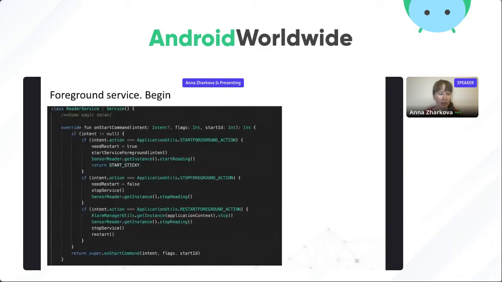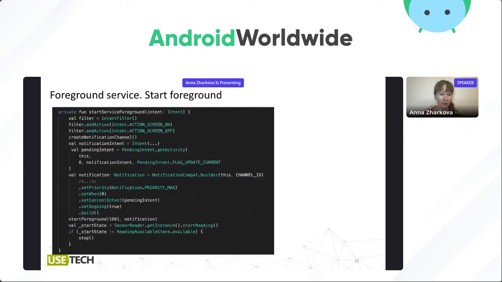For example, to begin with simple foreground services, we just implement a service that has a simple onStartCommand, and when it started, it used not only startService but startForeground with several things on it. For example, we create a special kind of notification.